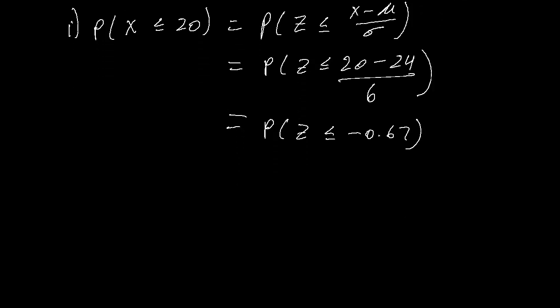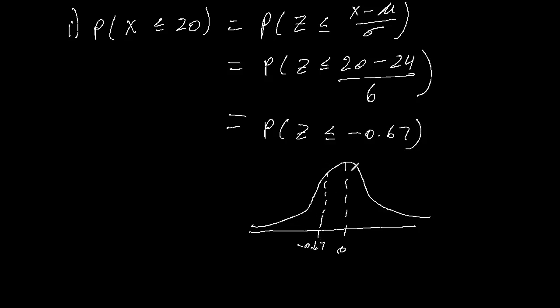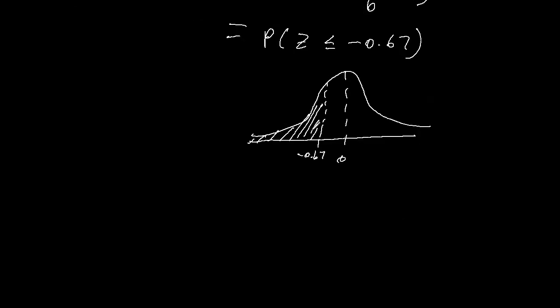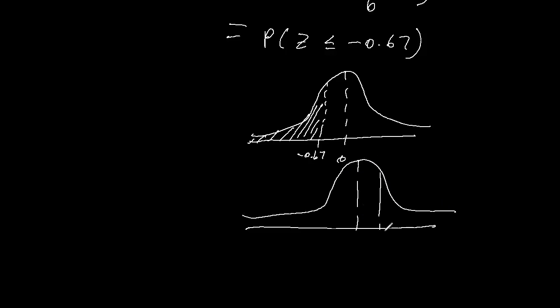So at this stage, we'll just sketch a general standard normal curve. Apologize for the bad drawing. We know the mean in the middle of the standard normal is 0, and negative 0.67 should fall somewhere around here. So that's the area under the curve, which is this entire shaded area here. This standard normal curve is symmetric about the mean. So I know that anything less than negative 0.67 is the same as everything greater than positive 0.67.